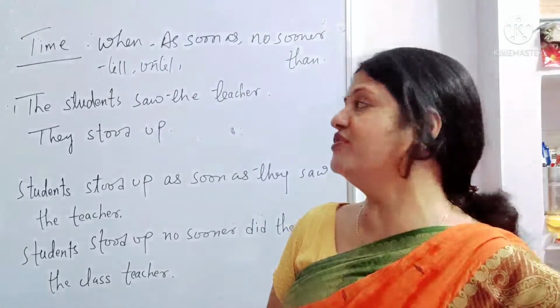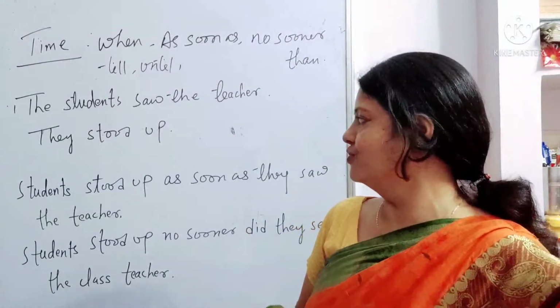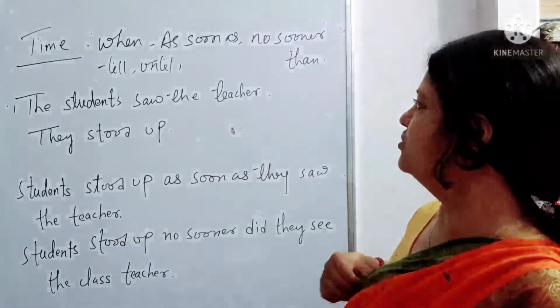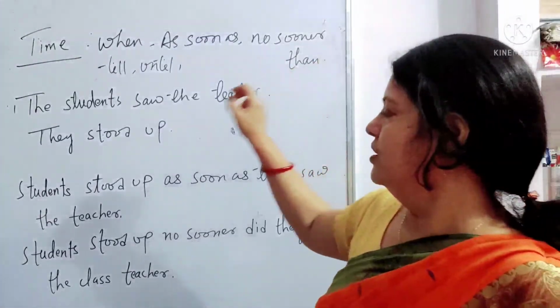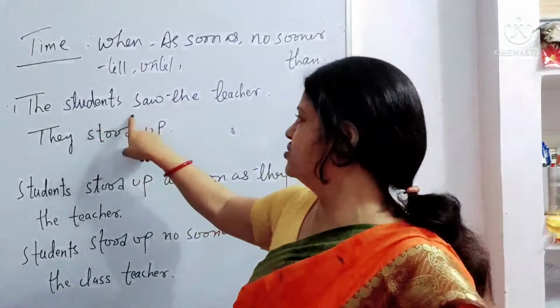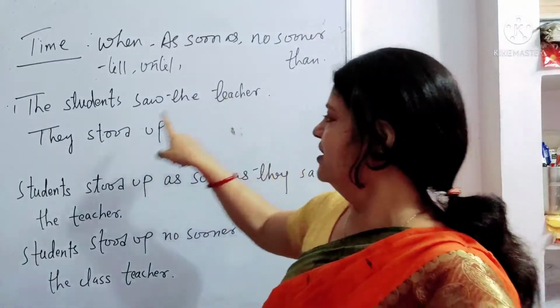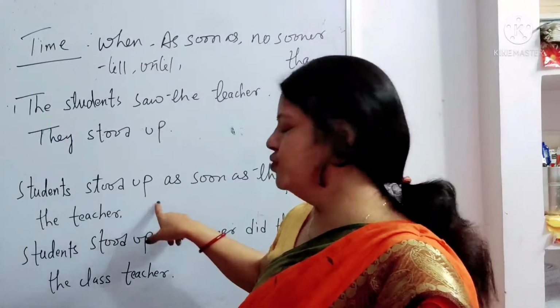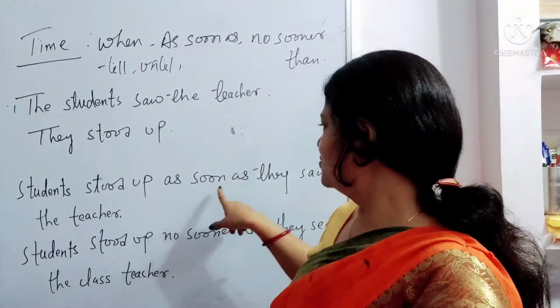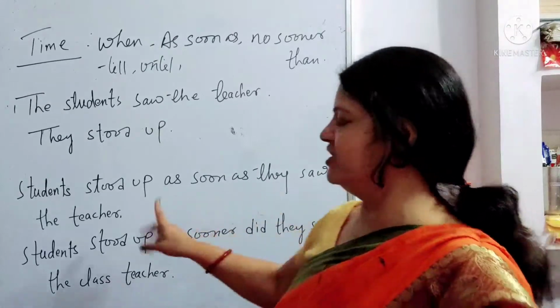These conjunctions are used for adverb clause of time. Here we are going to use as soon as or no sooner than. The first sentence: the students saw the teacher, they stood up. Now: students stood up as soon as they saw the teacher.